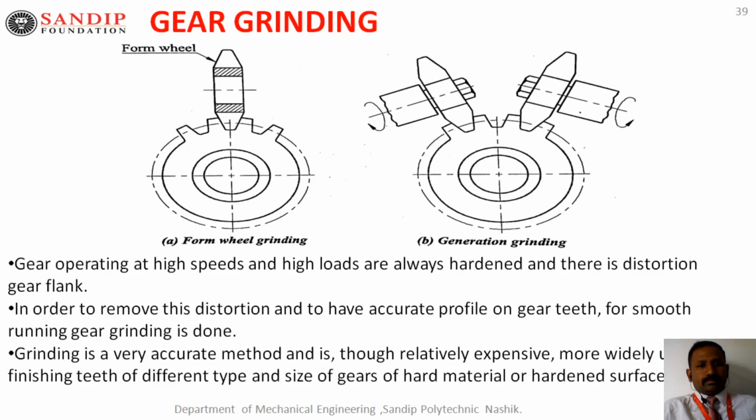Now, the second method is gear grinding. This is also a gear finishing process. The diagram is similar to gear shaving, with the gear as the input blank and an involute-shaped gear tooth cutter.